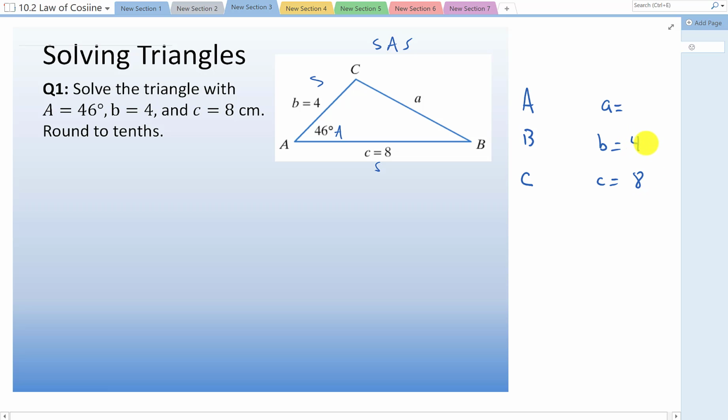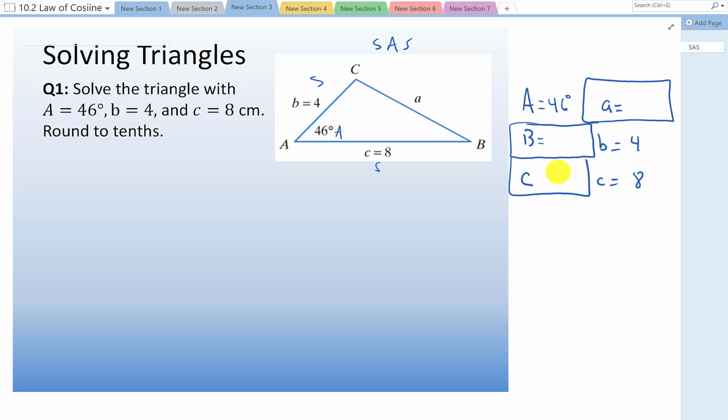Side B is known, that's 4. Side A is missing. I'm going to have to find that number. Angle A is known, that's 46 degrees. But angle B is missing. I'm going to have to find that angle, and that angle. So I have two angles that are missing.